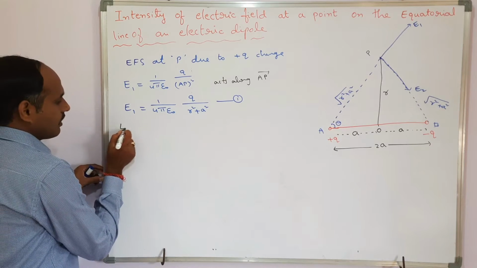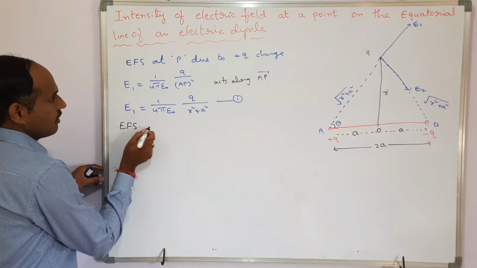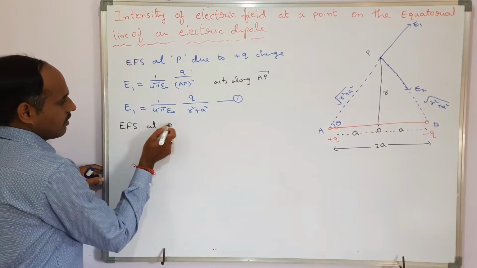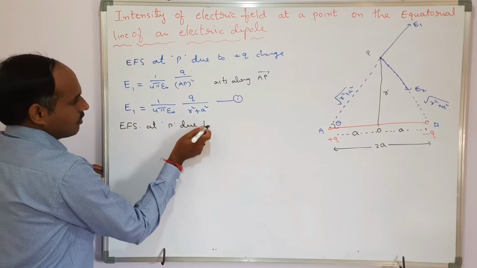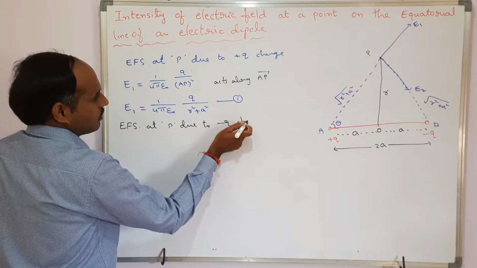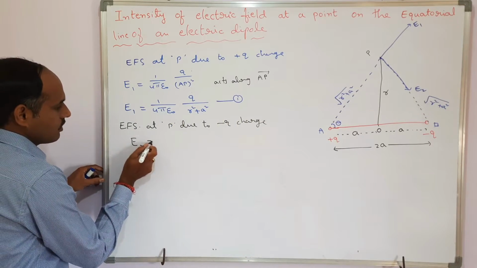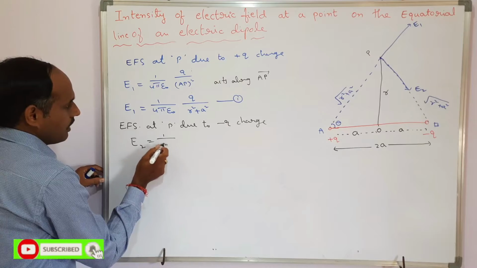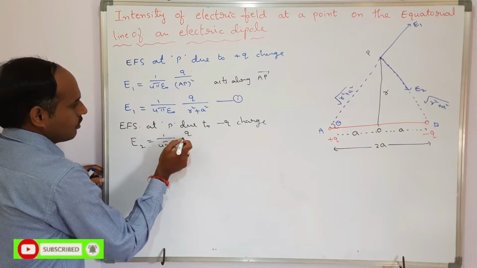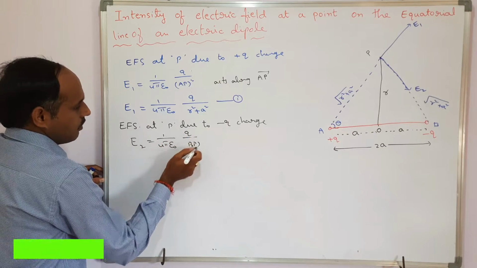Similarly, now the electric field strength at P again, due to this negative charge, we can write as E2 is equal to 1 by 4 pi epsilon naught into Q by BP whole square.